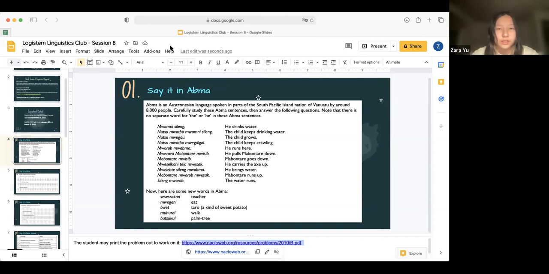Just click on the link right now so you have it on your computer. I'll give you around 20 to 30 minutes on the problems, and then I'll close the rooms and we can go over the solution.